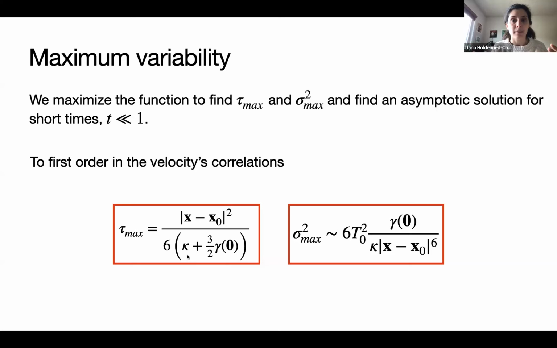So you'll have less time to achieve that maximum variability. And it also is inversely proportional to the correlations in the velocity, because you can think of the velocity correlations at the origin a bit as the amplitude of the velocities. And if the velocities are faster, you might just think that you'll achieve the maximum variability faster.